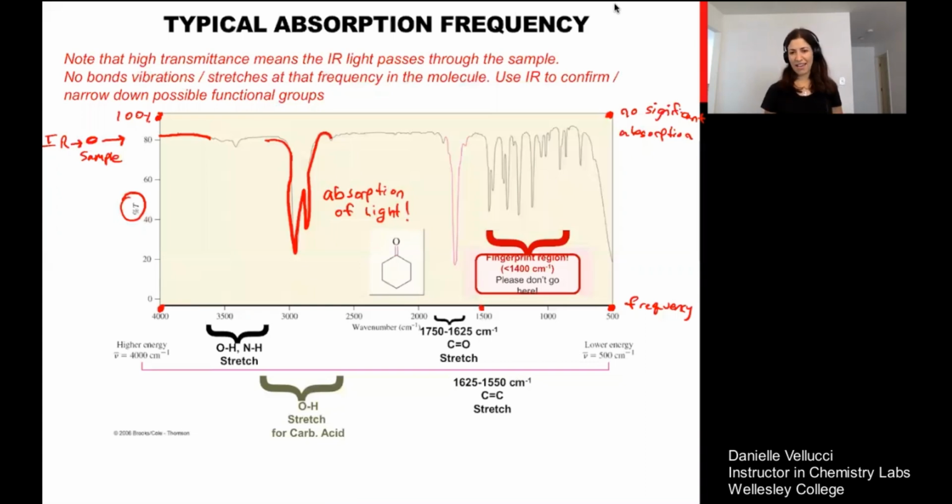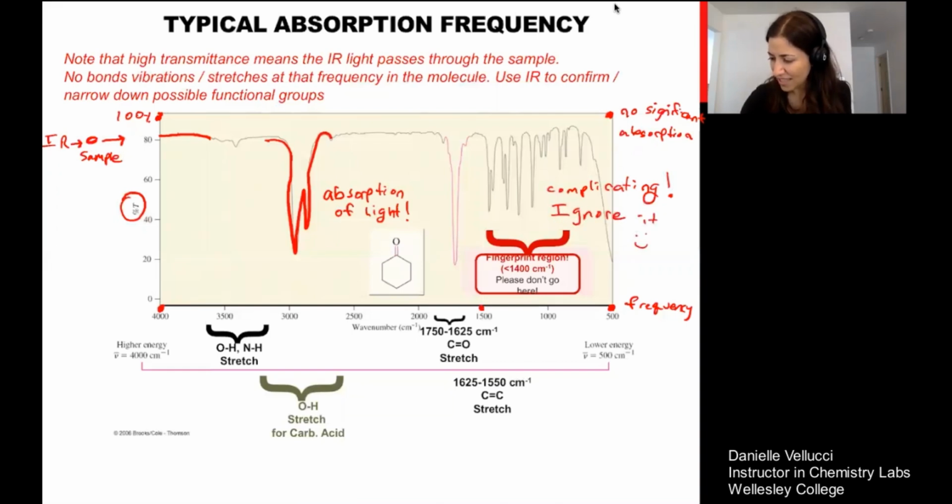Because of that, it's very difficult to distinguish anything about the molecules from that region. We call it the fingerprint region because it is unique to particular molecules. It's just far too complex for us to dig into. So this is complicated. Don't go digging around in here, okay? You can almost ignore it, okay? Especially at this level of a course, okay?